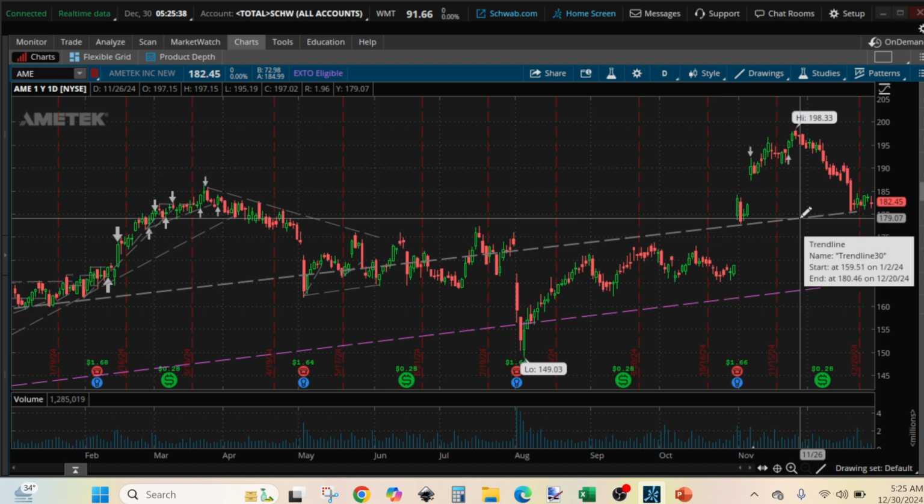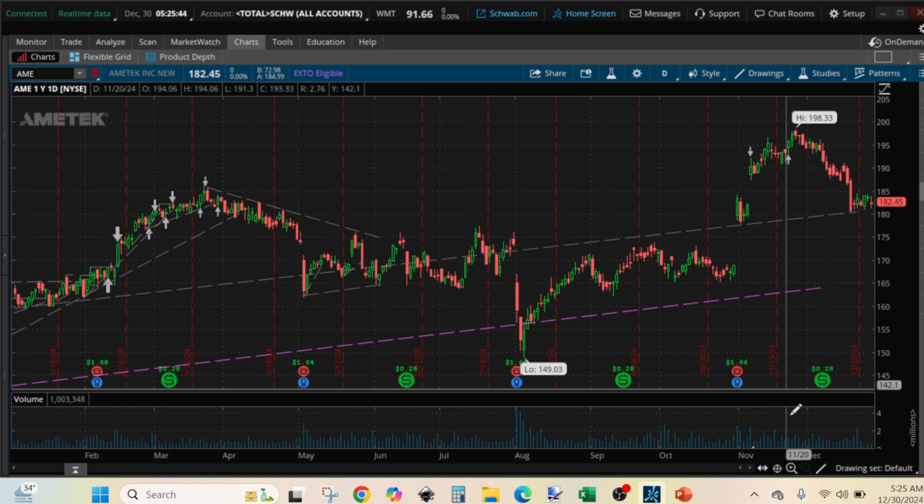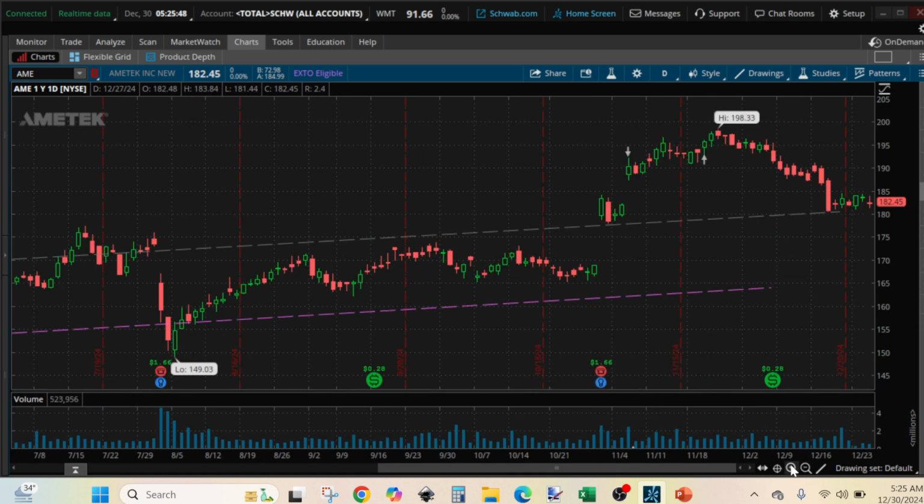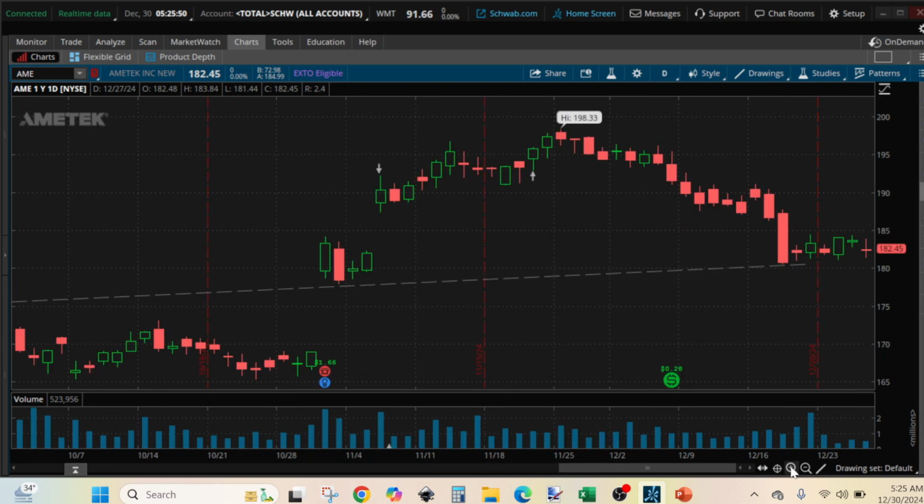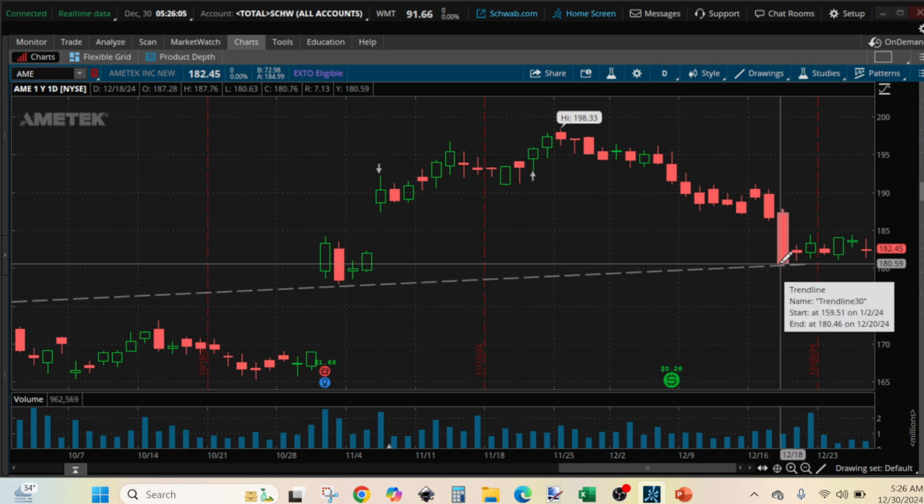And for some revision, every single price bar is a daily price bar, and the red bar signifies the price went down that day compared to when it opened, which will be at the top of the rectangle, to when it closed, which will be the price at the bottom of the rectangle.